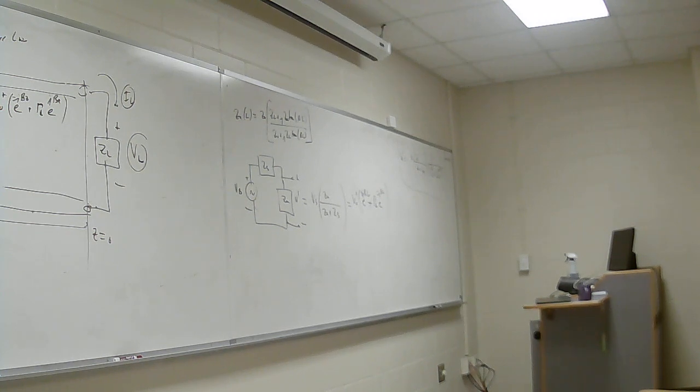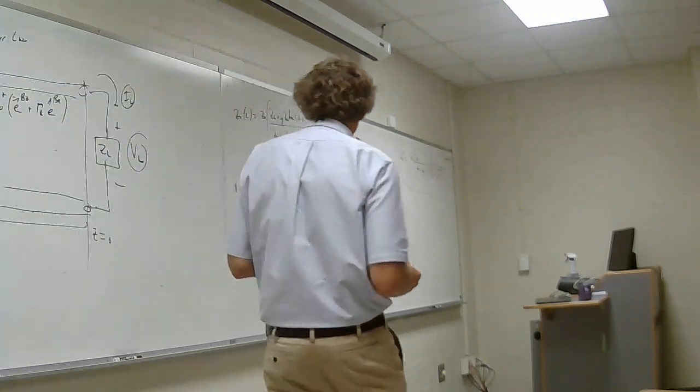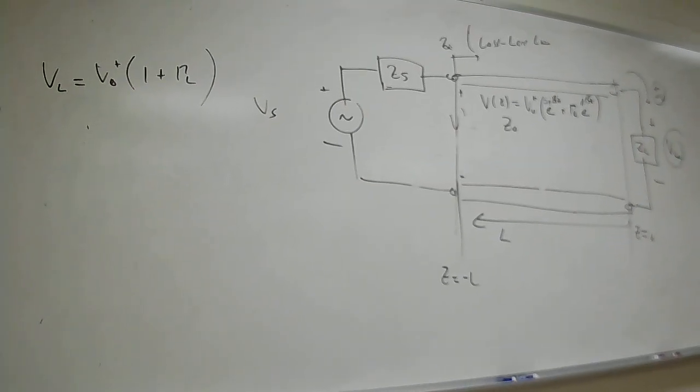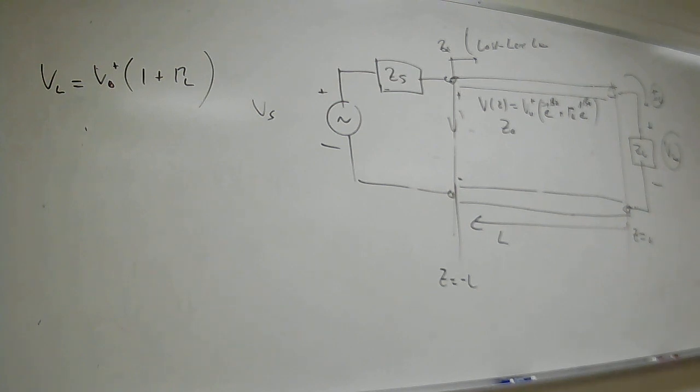And it's going to be 1 plus gamma L. Y'all see that? Gamma L is the reflection coefficient. When Z is 0, it's just 1 plus gamma L times V0 plus. So that is the voltage at the load. Got me on that one?